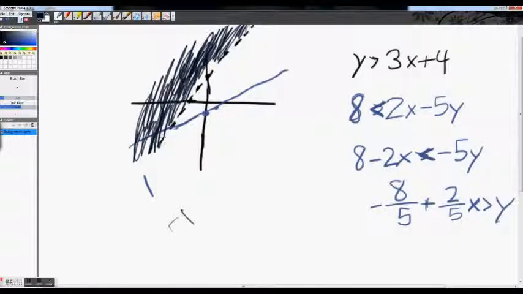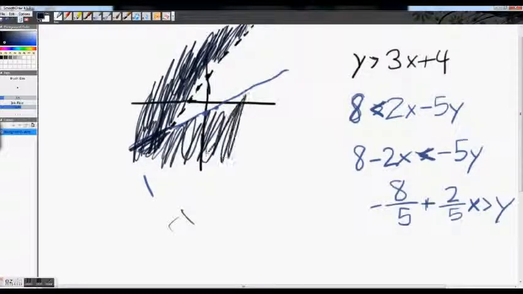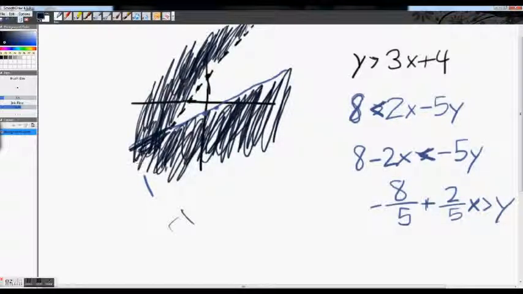So y is in these regions. However, it will only lie in the region that's shared by the two, because the first one was a constraint that has to be somewhere here. The second one puts the constraint that it has to be somewhere there. The only region that satisfies both conditions is this one here, where the area where they intersect.